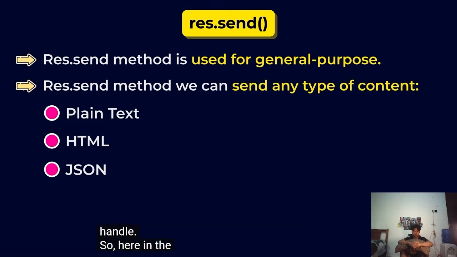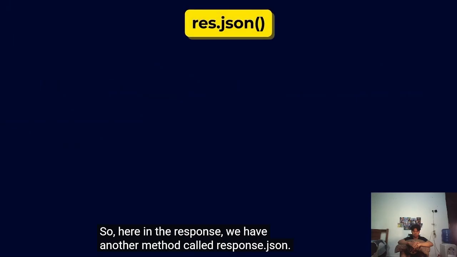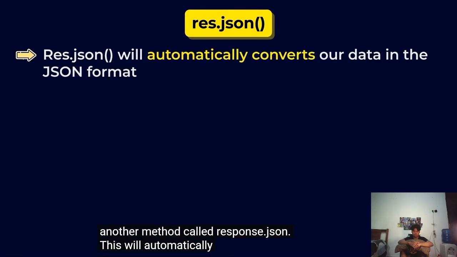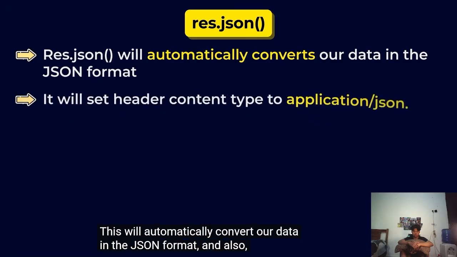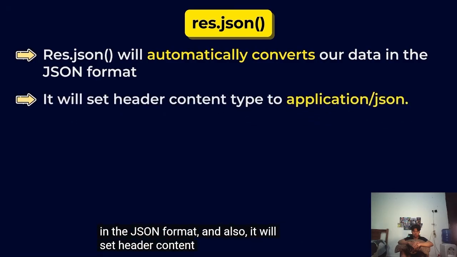So here in the response, we have another method called response.json. This will automatically convert our data into the JSON format, and it will also set the header content type to application/JSON. Don't worry if you don't know about header content type, we will see that in the next section.